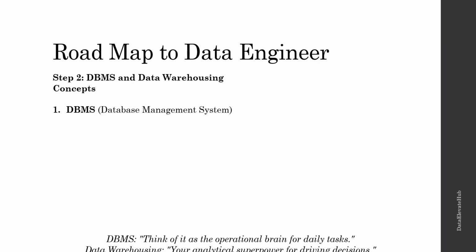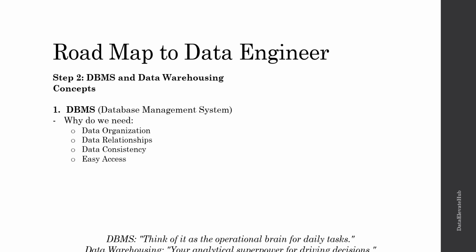So DBMS, database management system. A database management system is software that organizes, stores, retrieves and manages the data efficiently in structured formats. It ensures data is easily accessible and maintains data consistency, integrity and security. Now, why do we need DBMS?